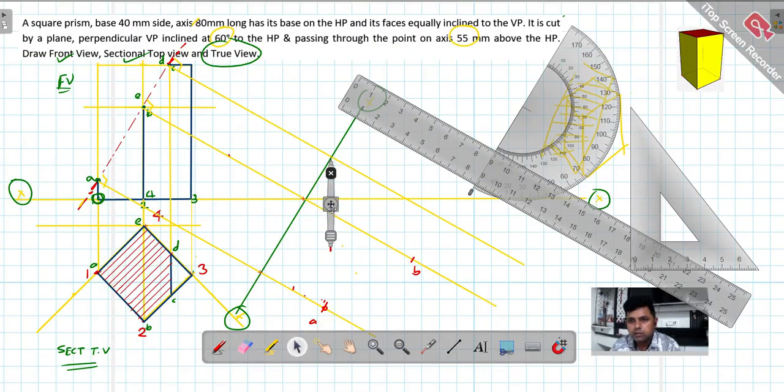Come here. Then mark this point. We had taken up to C, so mark up to C. Then again come to this. Take up to D.